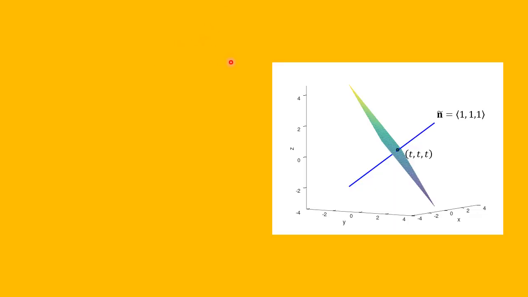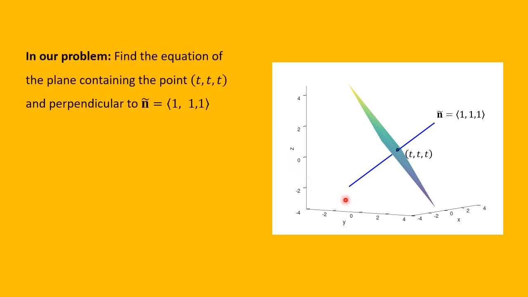So let's consider this problem. We have the line L, which is going from minus 1, minus 1, minus 1 up to 1, 1, 1. And we want to find the equation of the plane perpendicular to that line and containing the point t, t, t. So the plane contains that point with coordinates t, t, t, and it's going to be perpendicular to a vector n here, which we can think of, if we shrink it down to size, as being 1, 1, 1.